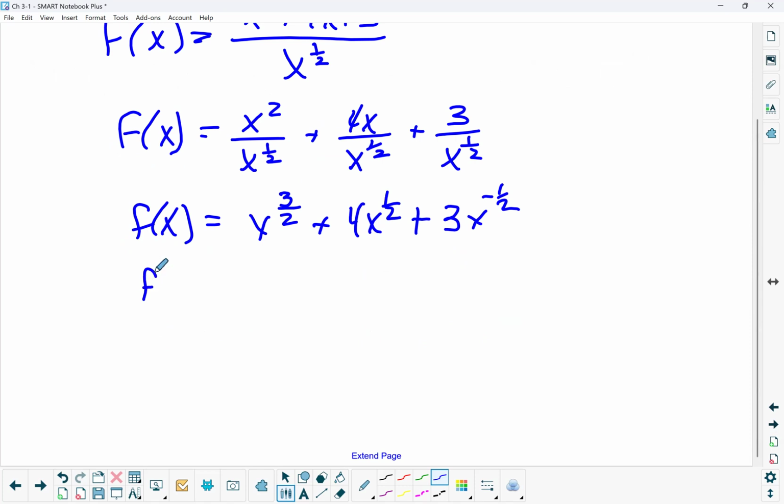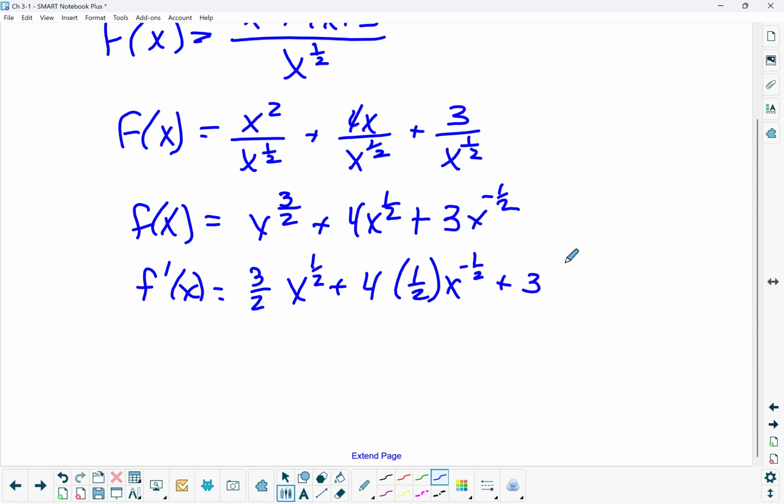Now take the derivative. Take my power, bring it down. Take x to 1 less power. Take the power, bring it down. Take x to 1 less power. Take the power, bring it down.